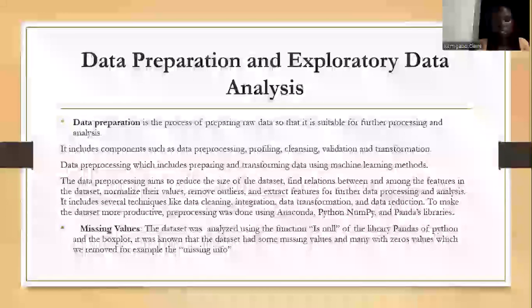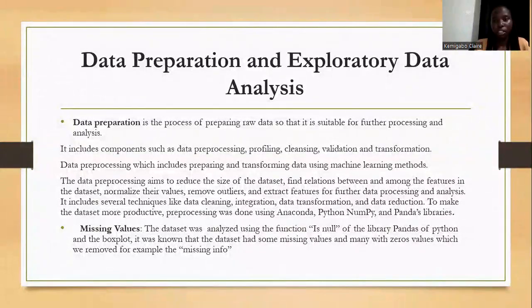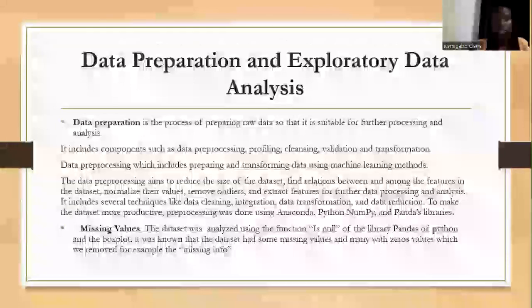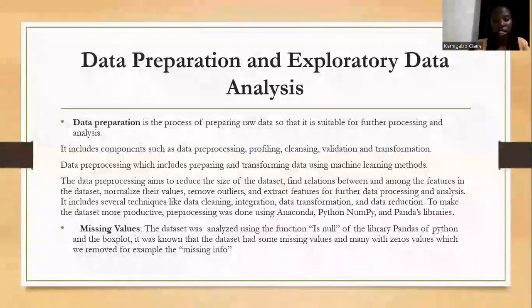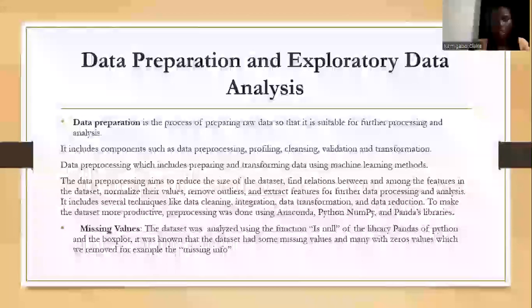We also went deeper into the missing values. We analyzed that our data set had a lot of missing values, and it had missing info written in the form of a word, but that data was missing. So we tried to clean up that data, and for that we used the Python library pandas and the box plot.